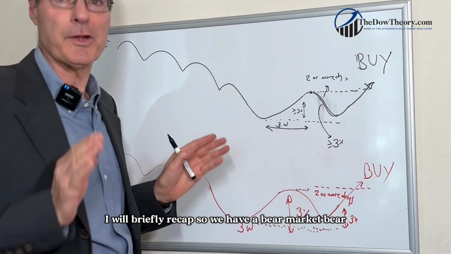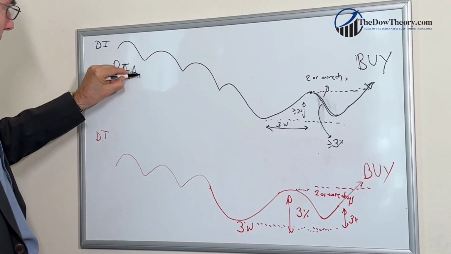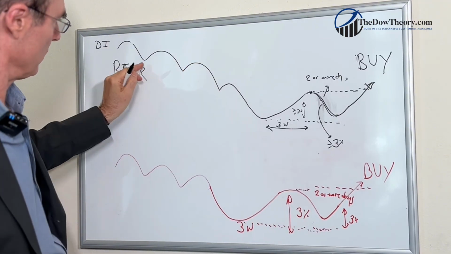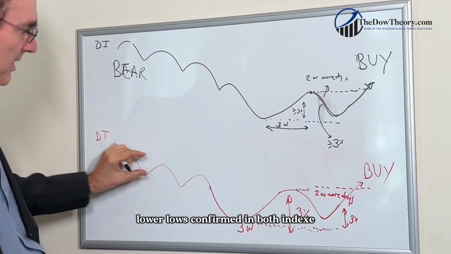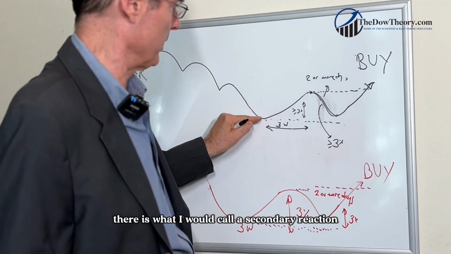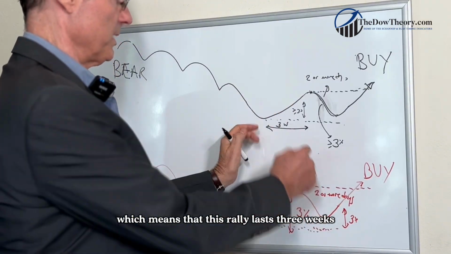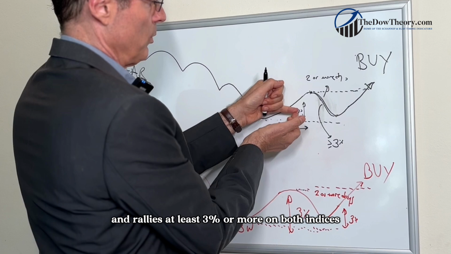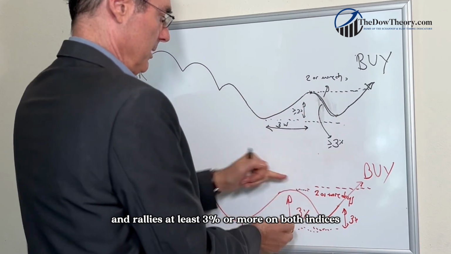I will briefly recap. So we have a bear market there, and it's going down, lower highs, lower lows, confirmed in both indices. Then we reach a final low, and then after this low, there is what I would call a secondary reaction, which means that this rally lasts 3 weeks and rallies at least 3% or more on both indexes.